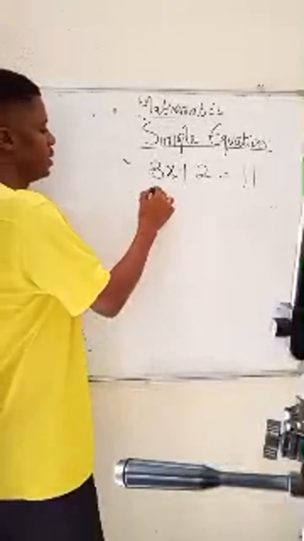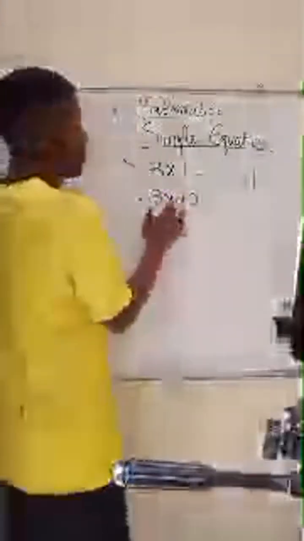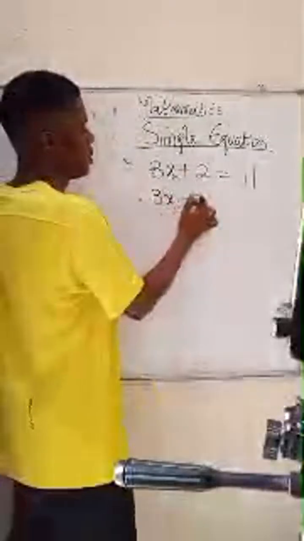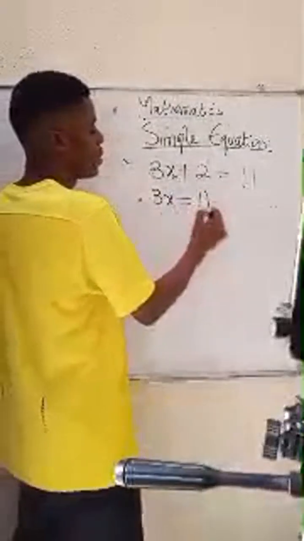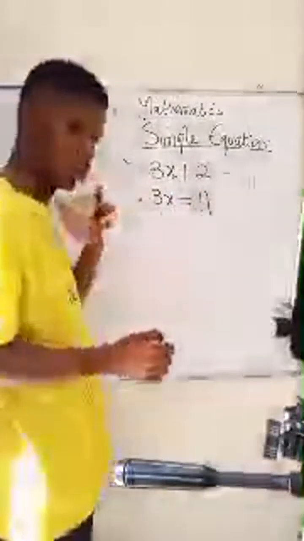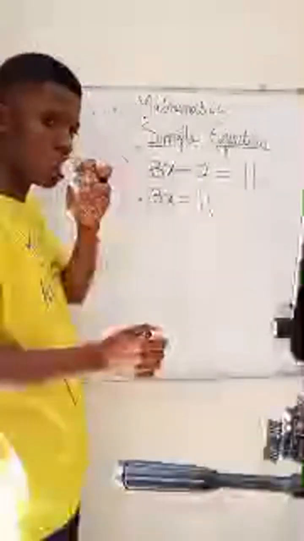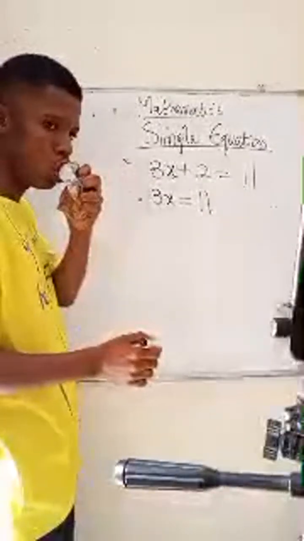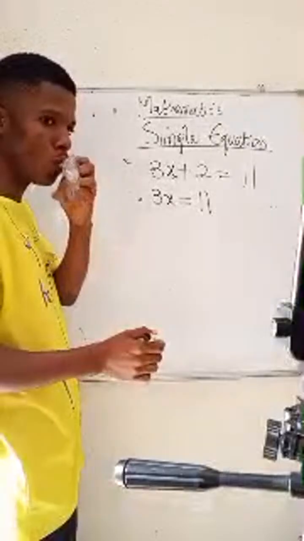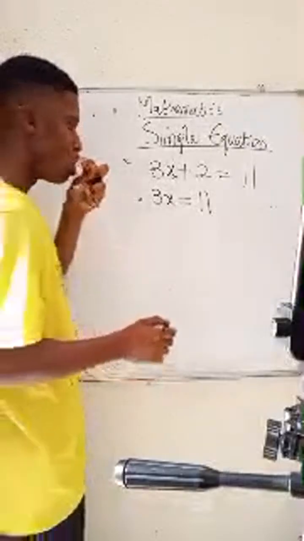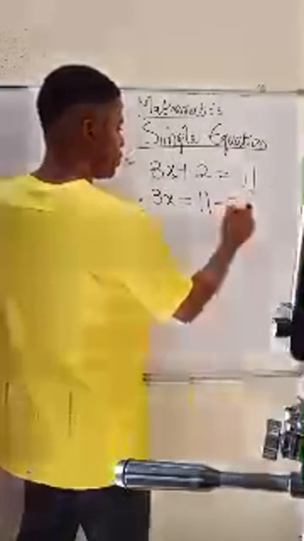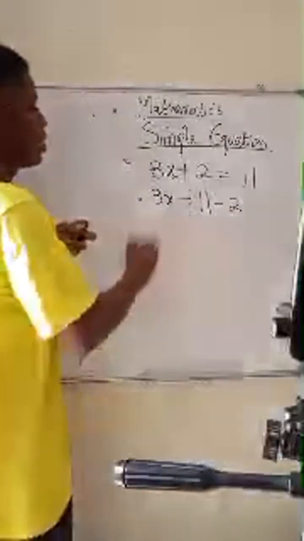You have 3x plus 2. We can set 2 crossing the equality sign. When 2 crosses the equality sign, what does it become? It becomes negative because it's positive.